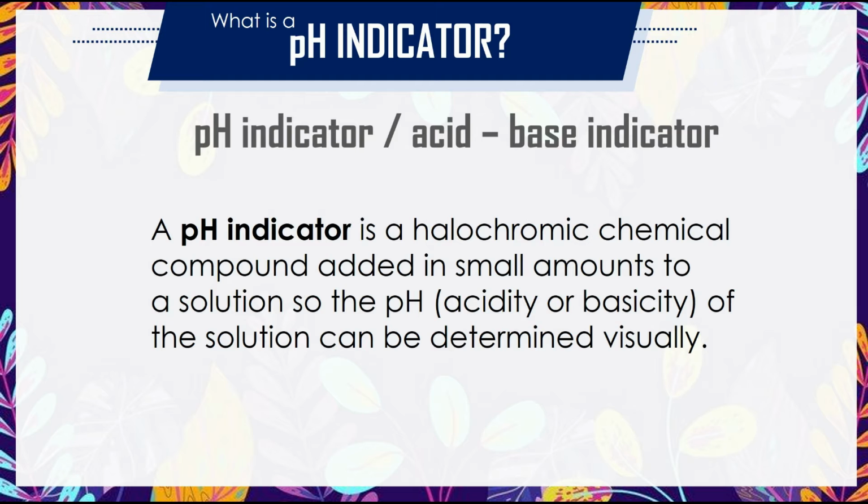The term chromic is defined as materials that can change color reversibly with the presence of a factor. In this case, the factor is pH. The pH indicators have this property called halochromism. Basically, the changes in colors or resulting colors depend on the acidity and basicity of a material.